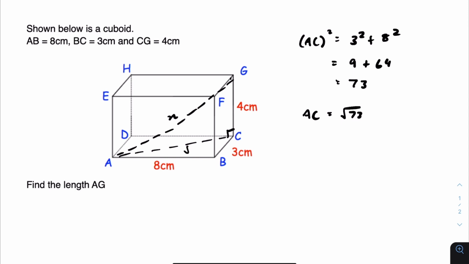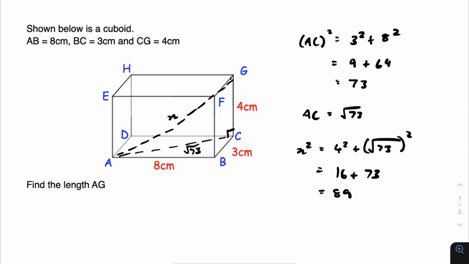Knowing this, let's just label that right now. Now we can use Pythagoras to find x. So we know that according to Pythagoras, since x is the hypotenuse, x squared is equal to 4 squared plus root 73 squared, which is equal to 16 plus 73, which is equal to 89.